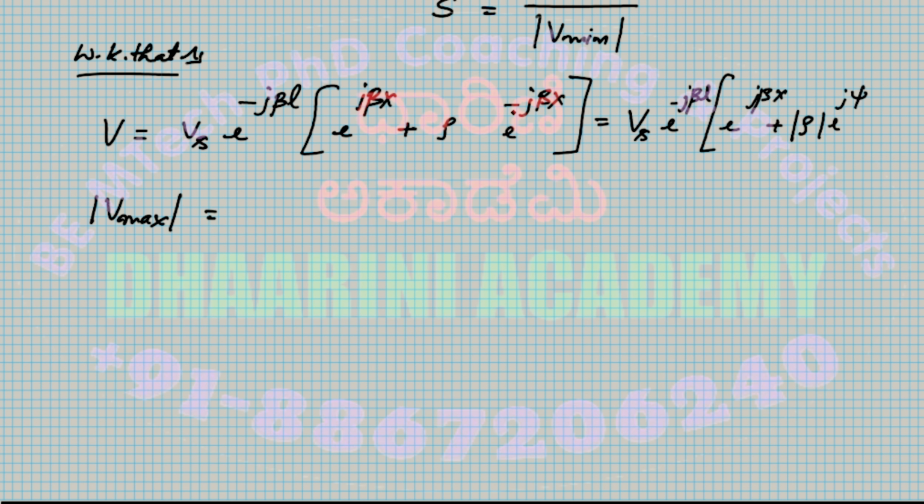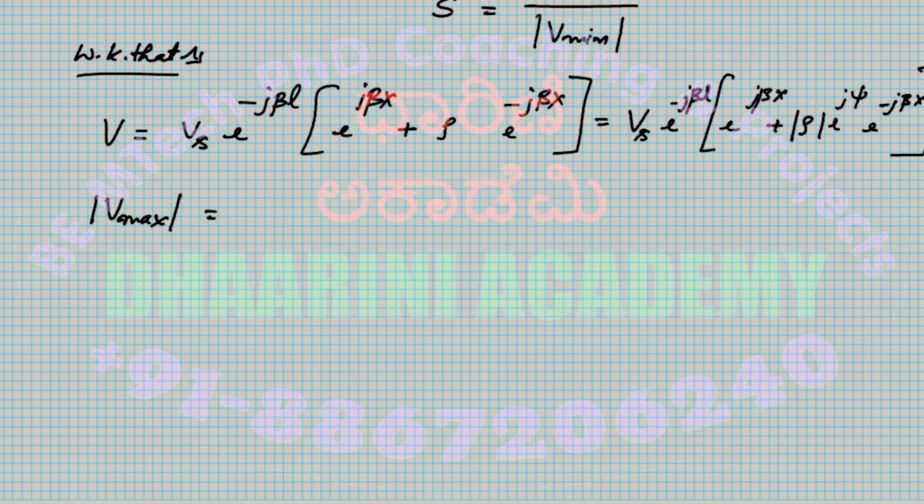Because rho is a complex number, right? So I can write it that way. So now it becomes more clear when I write the next step, into e to the power minus j beta x. Anyway, we can club these two and write, no issues, absolutely fine. So now I want a magnitude and it should be maximum.